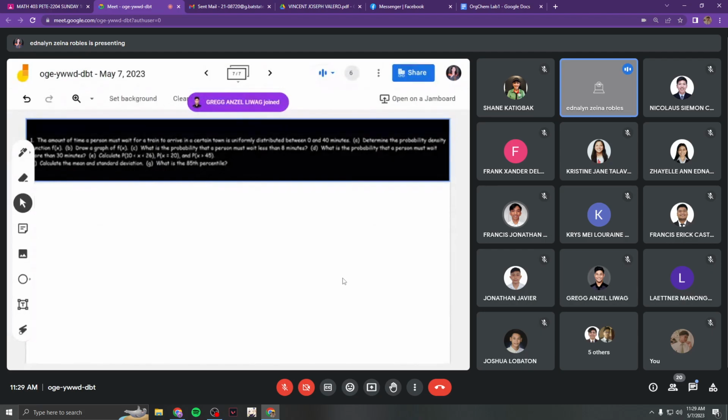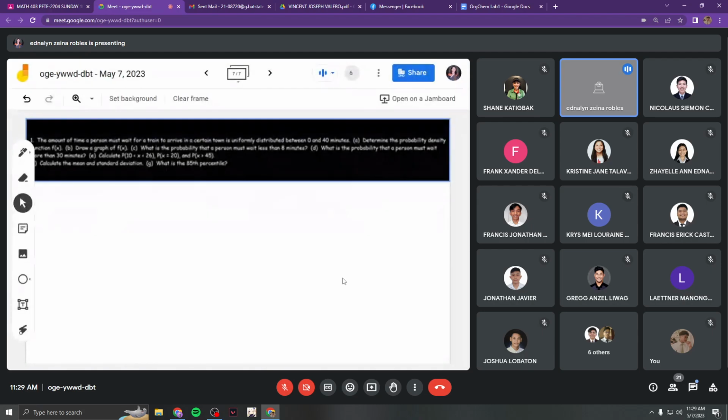So number 1, the amount of time a person must wait for a train to arrive in a certain town is uniformly distributed between 0 and 40 minutes. First question, determine the probability density function.